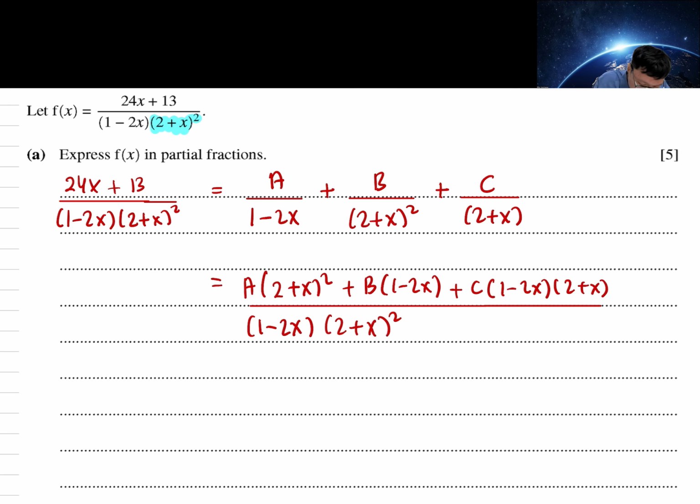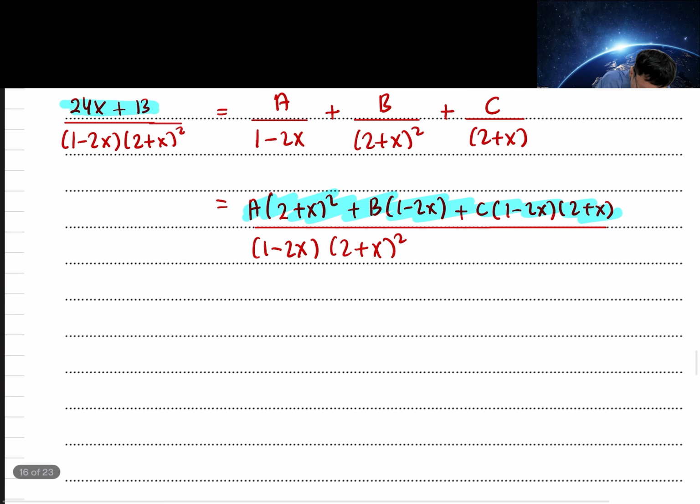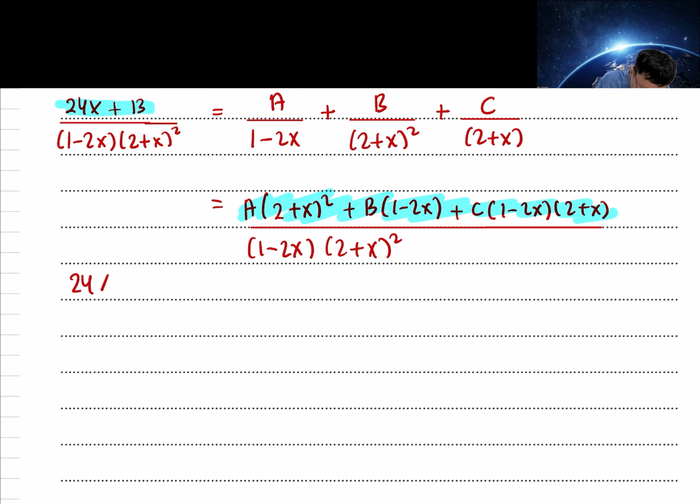Yeah, and once again, we compare all of this. It's going to be long, guys. So we have 24x plus 13 equals to, we expand this, we get 4a plus 4ax plus ax squared plus b minus 2bx plus c.